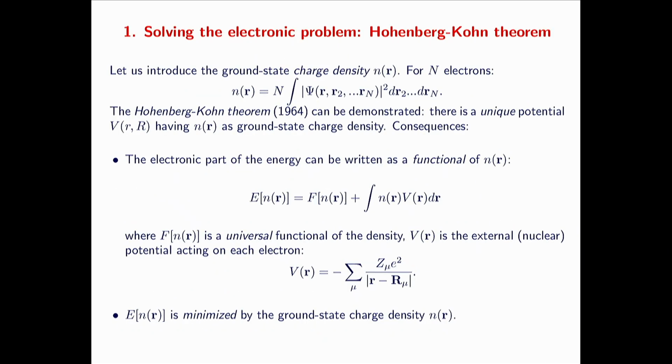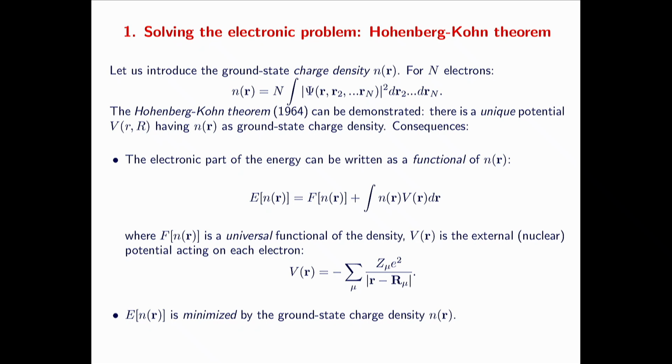So once you have this potential as a function of a nuclear position that you assume to be fixed for the time being, you have automatically the solution, well, not automatically, but in principle, you have the solution, I mean the wave function, and a corresponding charge density. So you have a relation between potential on one side and the charge density of the ground state.